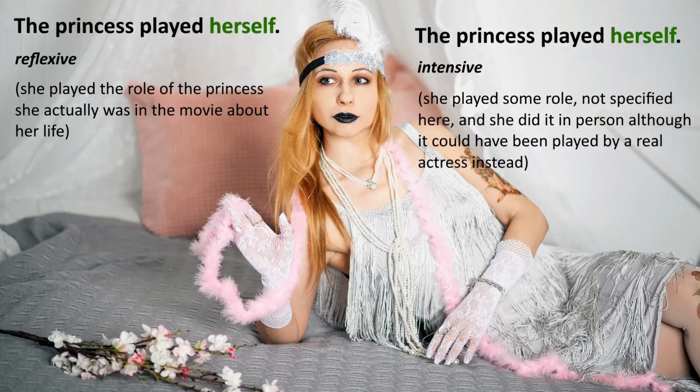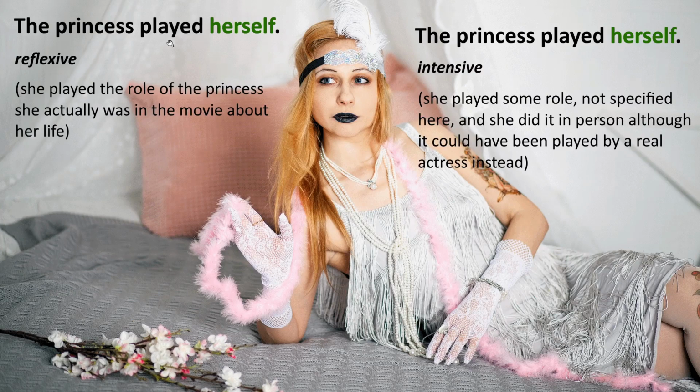Here's an example where the difference is very clear. The two sentences are identical in form, but they differ in meaning. The princess played herself. The princess played herself, the same form. Here, herself is a reflexive pronoun. Here, it's an intensive pronoun. What does it mean?